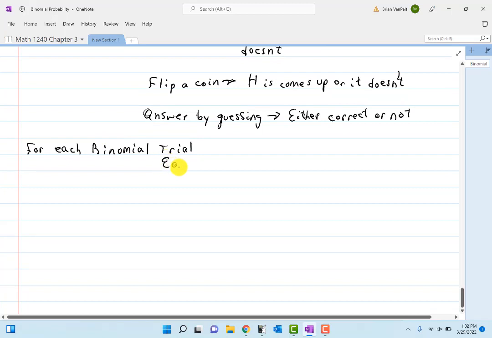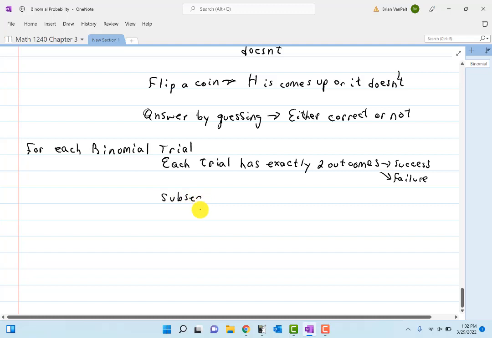Each trial has exactly 2 outcomes. And we have called these success or failure. So either one of those 2 outcomes is always possible.